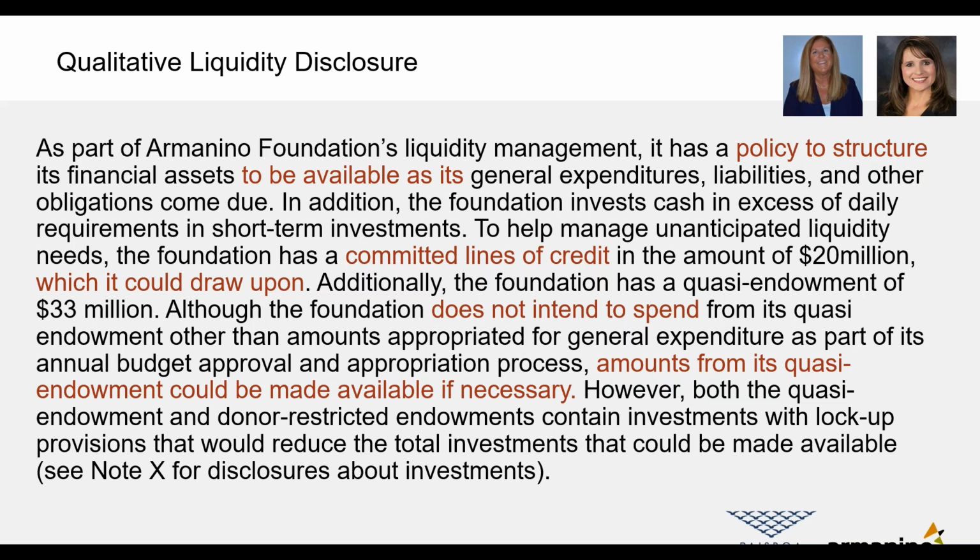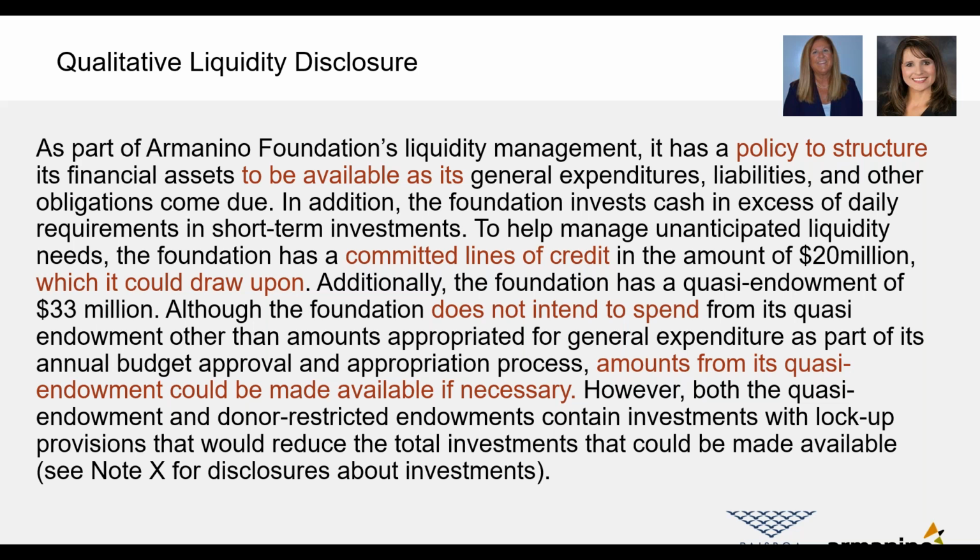Additionally, the foundation has a quasi-endowment. Although the foundation does not intend to spend from its quasi-endowment, other than amounts appropriated for general expenditure as part of the annual budget approval and appropriation process, amounts from its quasi-endowment could be made available if necessary. However, both the quasi-endowment and the donor-restricted endowment contain investments that have lockup provisions. So any of those kinds of things are what we're going to want to disclose here.